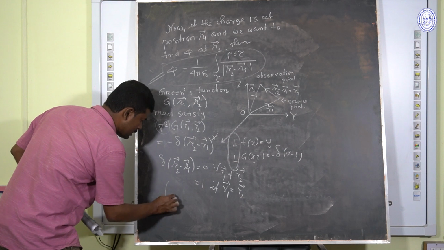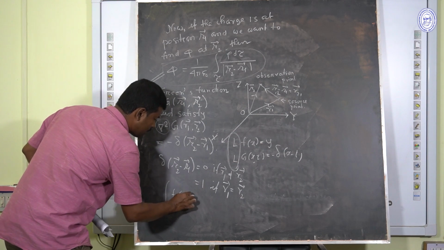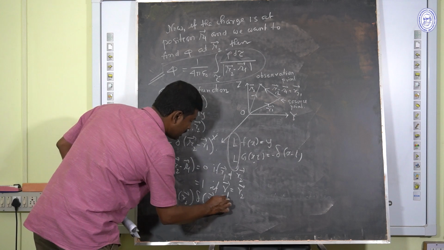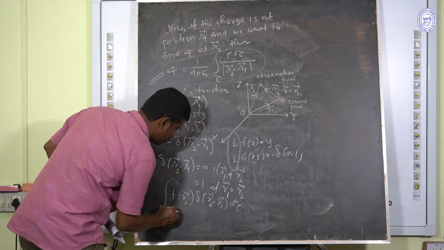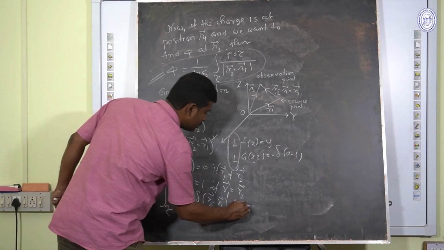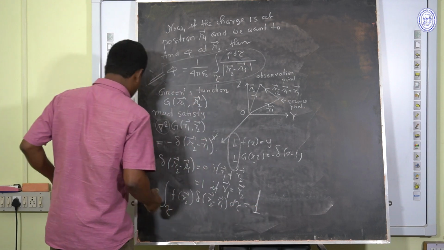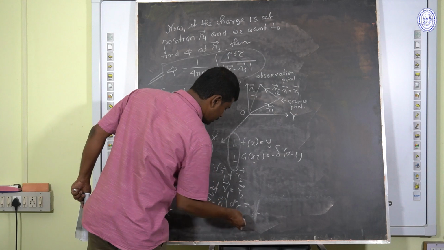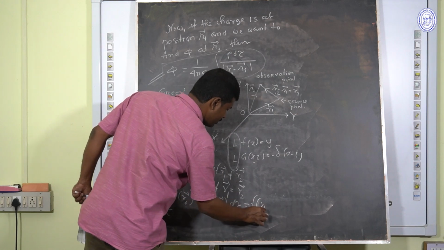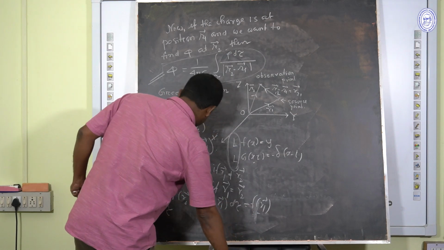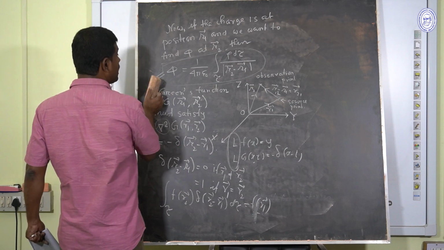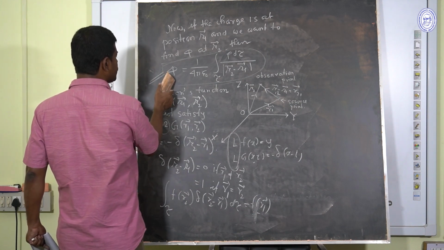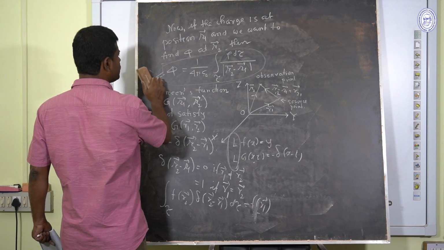And the integration of f R2 delta R2 vector minus R1 vector over the volume tau will be equal to f of R1. Now we show that the solution of Poisson's equation with the help of Green's function can be obtained in this form.